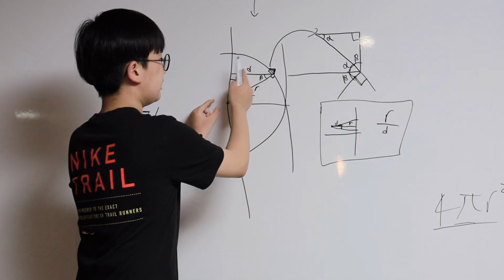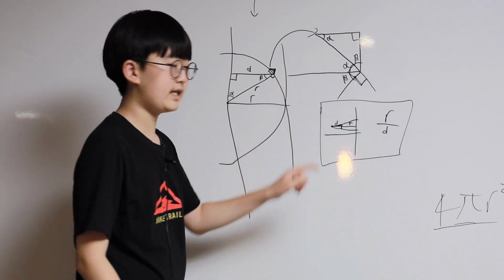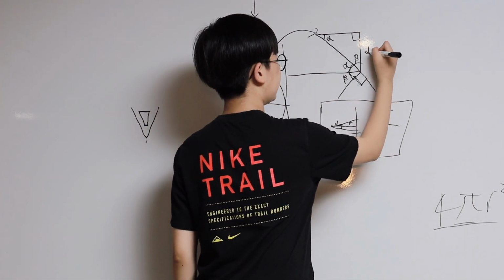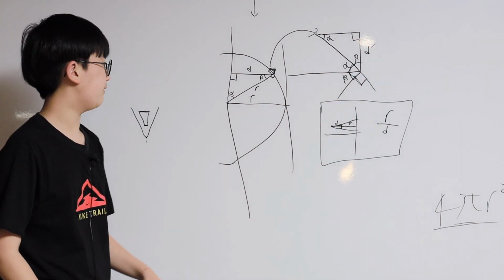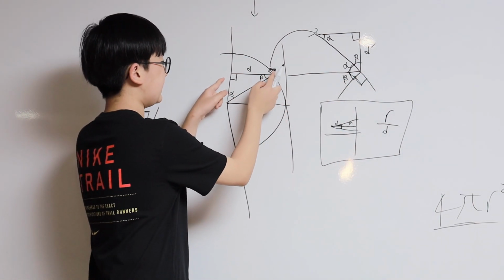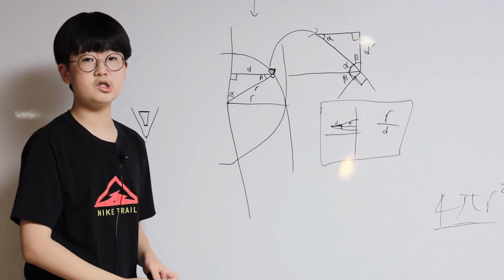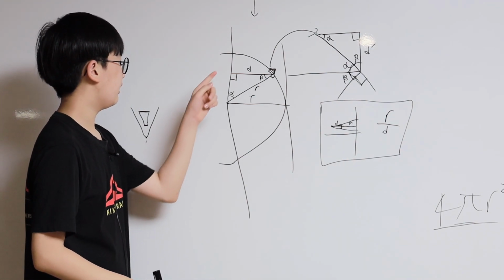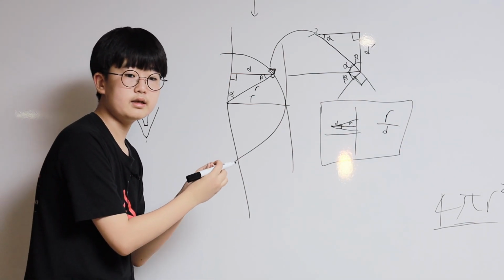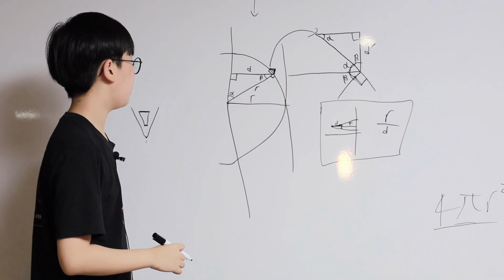So, this is the scaled down version of D. I'm going to call it D prime. If D decreases, D prime also decreases. And if D increases, D prime also increases.